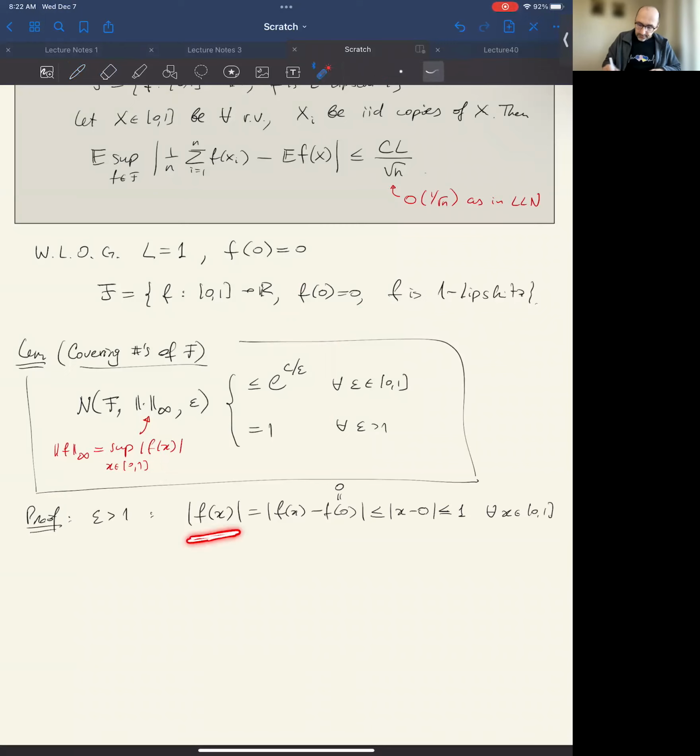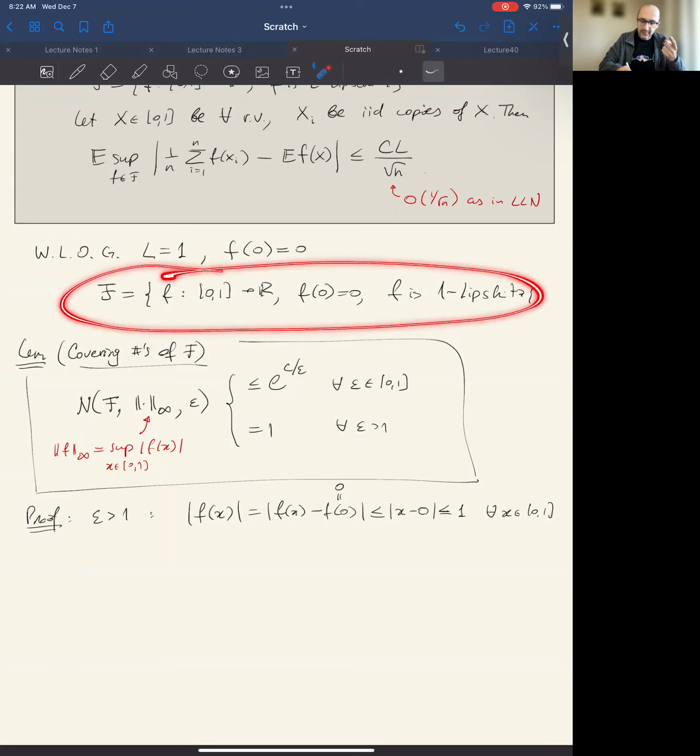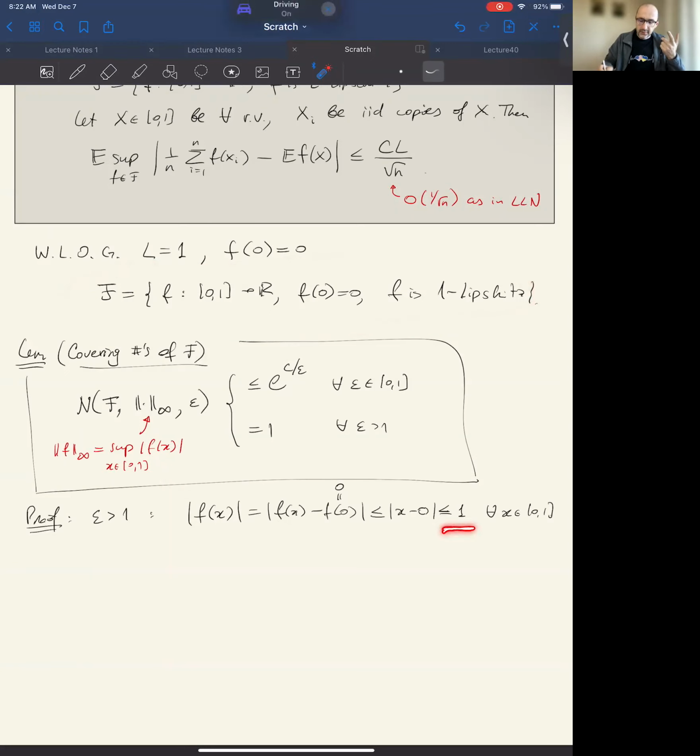So my point is that all functions in this class are already bounded by 1. So if you just take the 0 function, it already approximates any function in this class with error 1. And so the covering numbers are trivial, the epsilon net is just one function, 0. Agreed? In the trivial range.